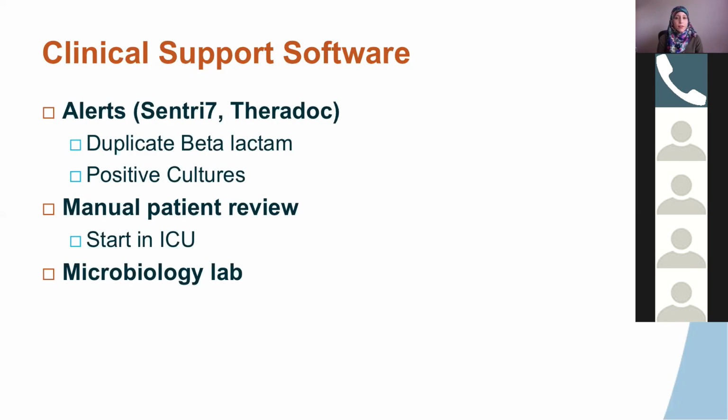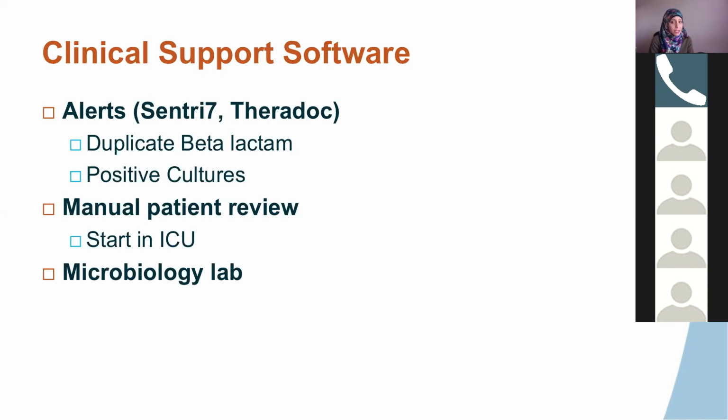After I've reviewed my alerts and looked at those patients, I've learned and been taught to start with my ICU patients and manually review from there on. Some days I have over 100 patients to review, so obviously it's not going to be possible to do all of them, but how I do it is basically start in the ICU.